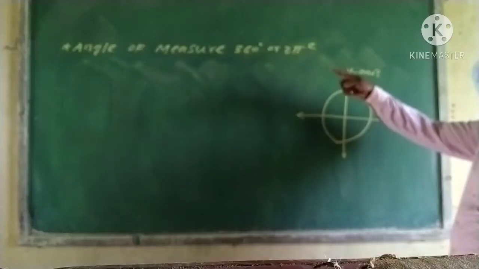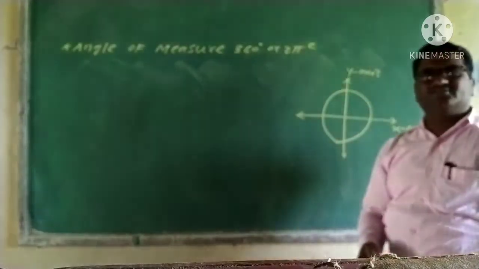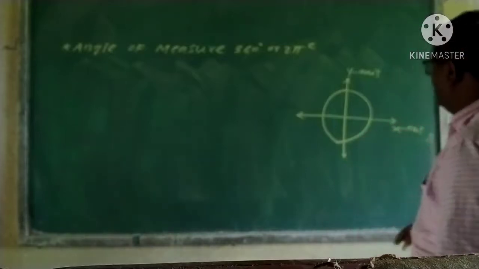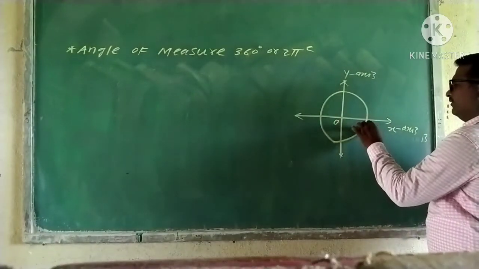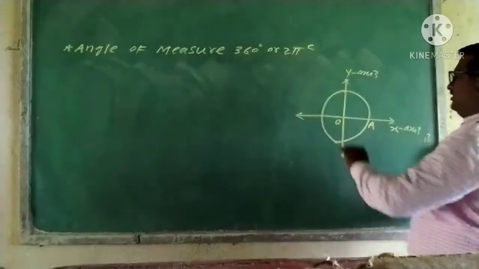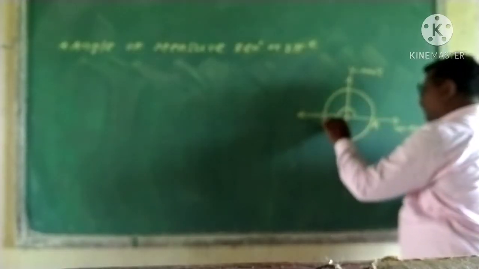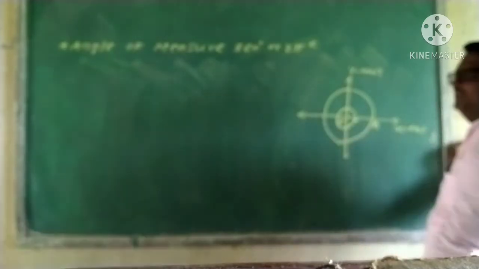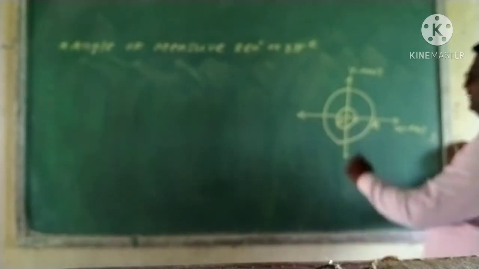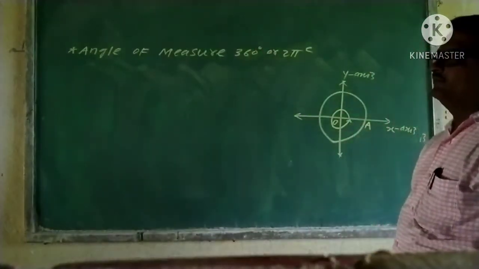Where the measurement is 360 degree, it means one rotation is completed. Consider that OA be the initial ray, and when this ray moves completely and reaches its initial position, the angle AOA is of 360 degree.